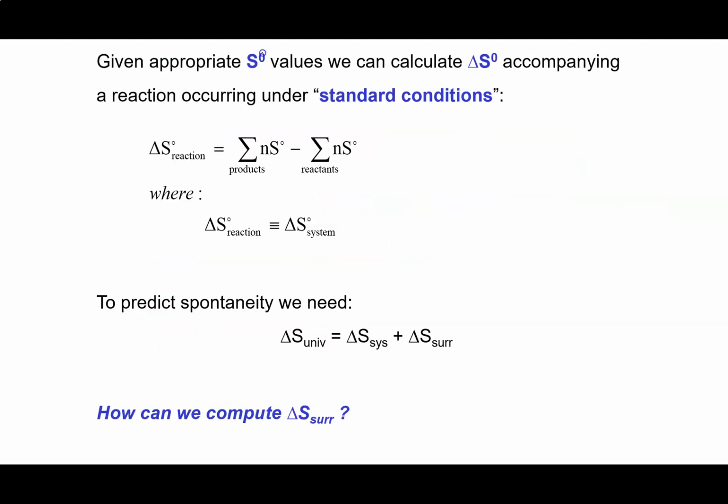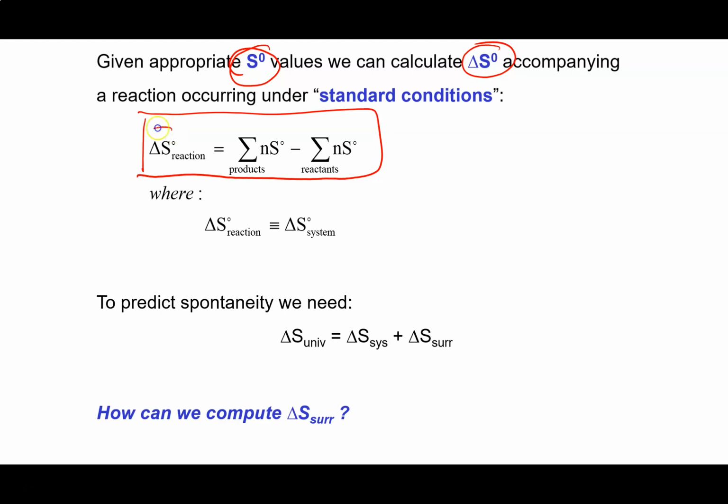Now, it also turns out that if you're given these standard molar entropy values, you can quantitatively calculate a standard molar entropy change for your physical or chemical process. And it's very similar to what we were doing with enthalpy.